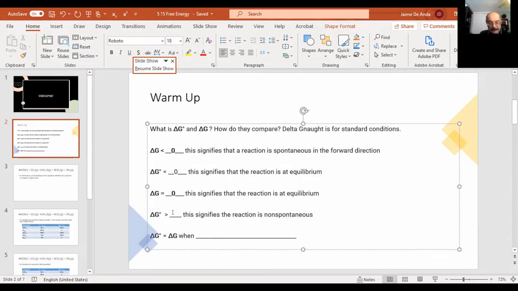That's purely a convention. So if delta G naught is positive, the reaction is non-spontaneous, but again, this is under standard conditions. Let me do a little coloring here, so we know this is something that I added.